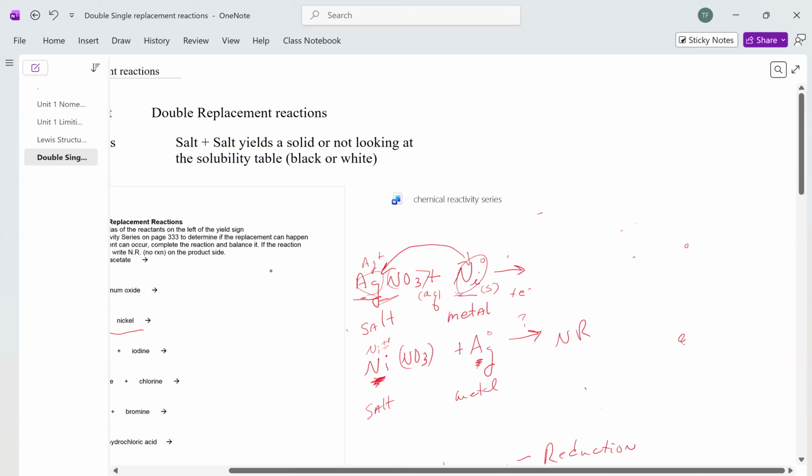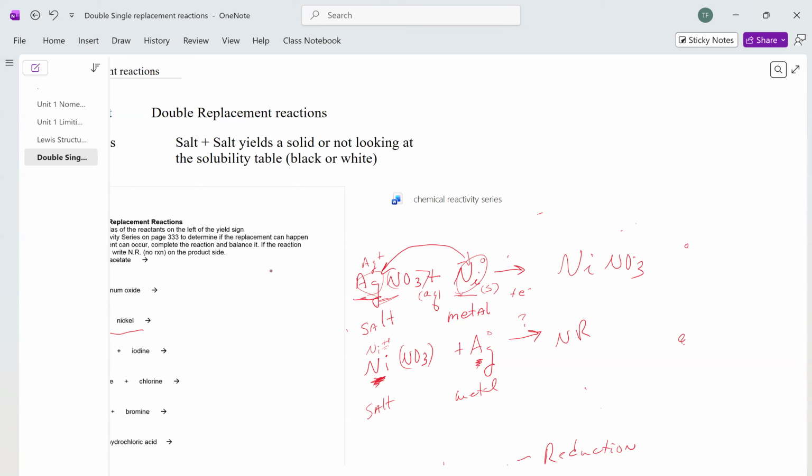So the two metals swap, and you end up with nickel nitrate plus the silver metal. This would be an S, this would be AQ. But the main thing is this: you swap the two metals and see which one is above. If the metal is above the AQ, it wants to be dissolved. I mean, excuse me, it wants to be oxidized. That's why it goes to nickel plus. This is the oxidation state here.